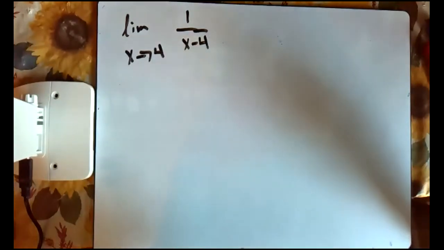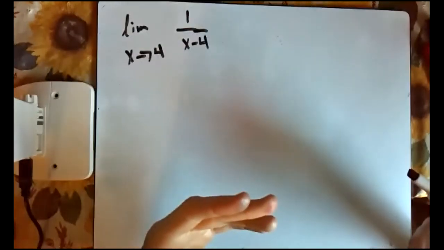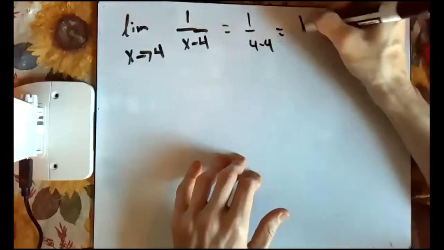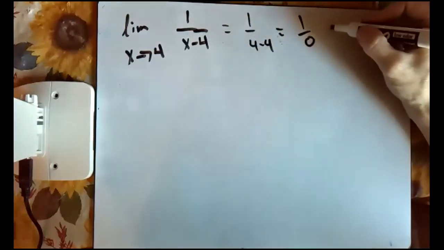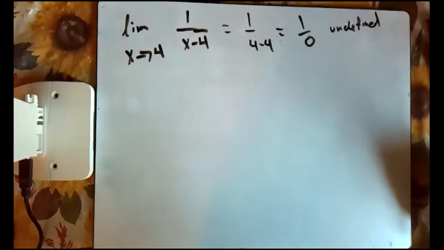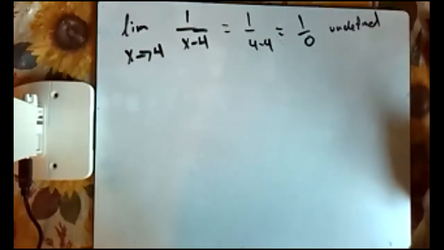All right, so if we look at this, remember how we first started out with the problems? We have an issue, right? I can't jam 4 in. Why? Because you get 1 over 4 minus 4, that's 1 over 0, which is undefined. We have that little issue right there.